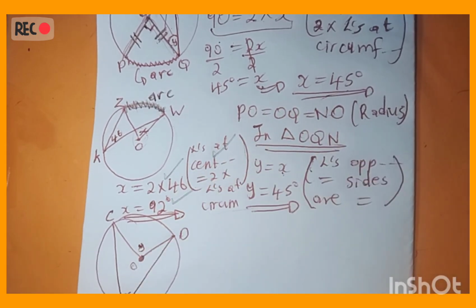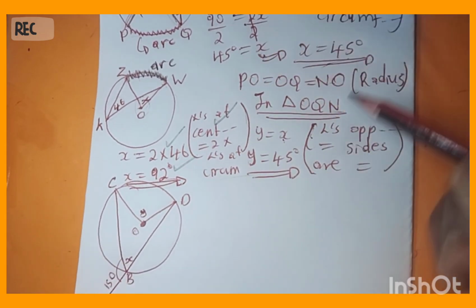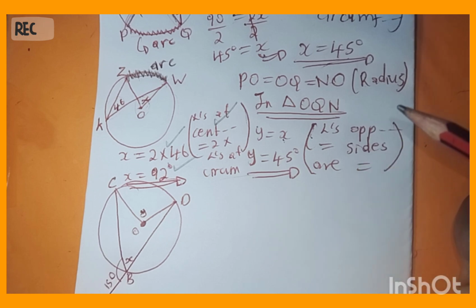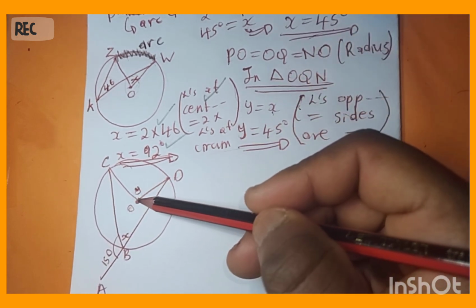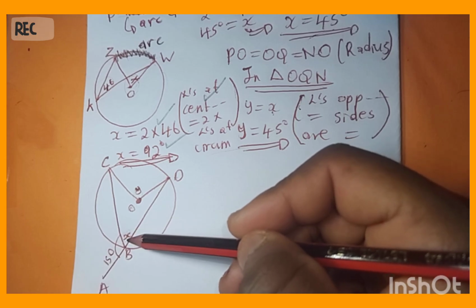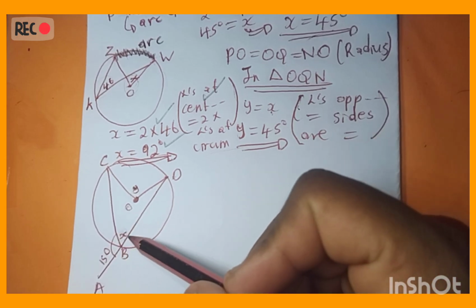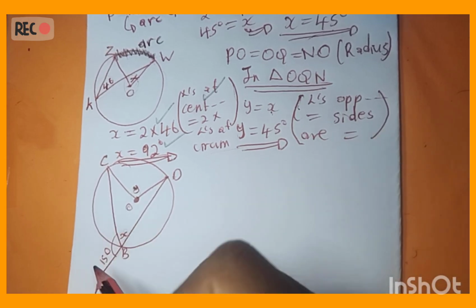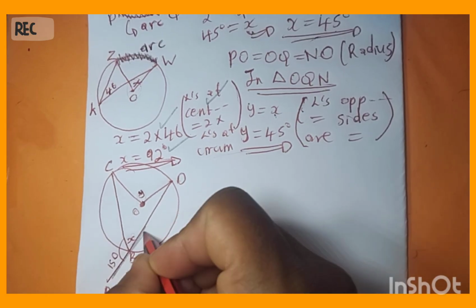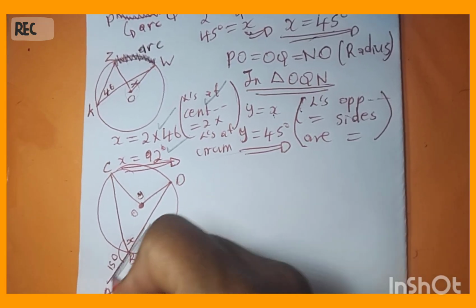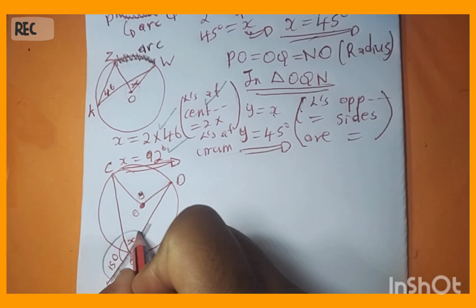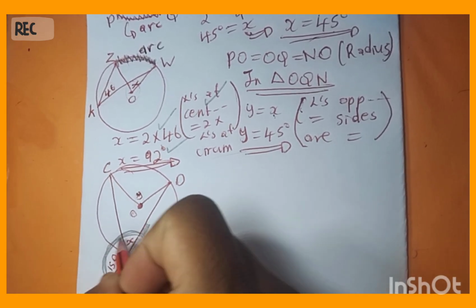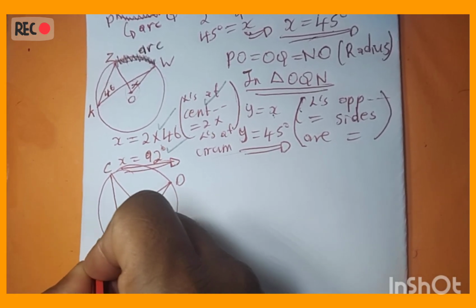So what about this one? This one, guys, is kind of complicated, because the angle at the center we don't know, and even the angle at the circumference we don't know. But that angle at the circumference we can solve, because we have a straight line there. Do you see? You should know that angles on a straight line add up to 180 degrees.